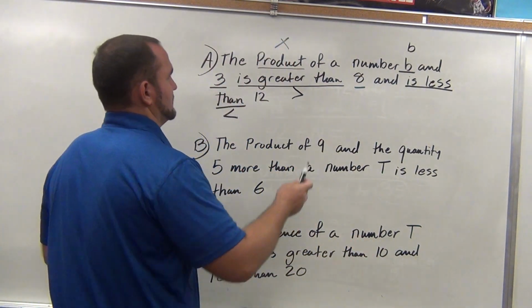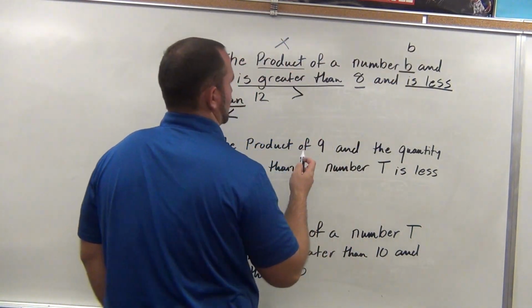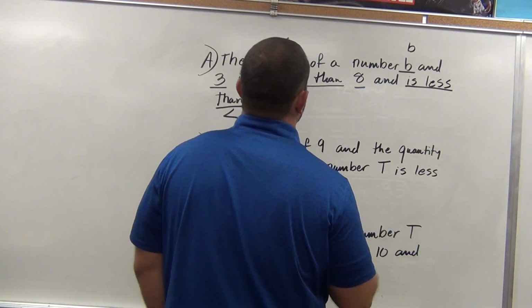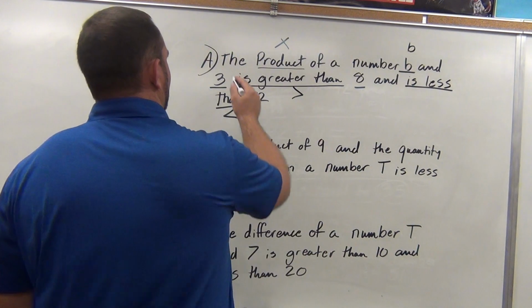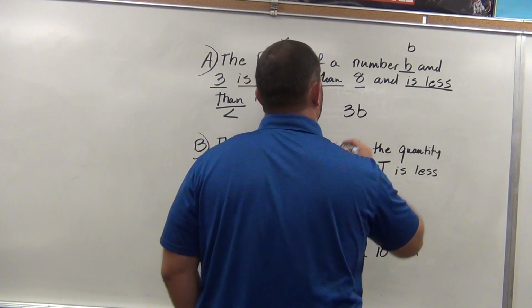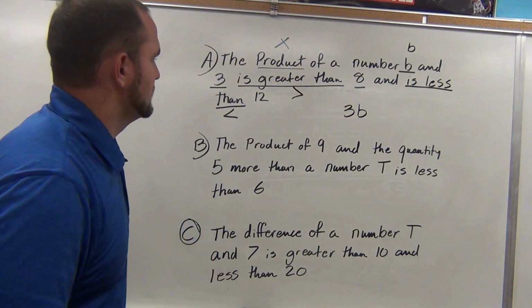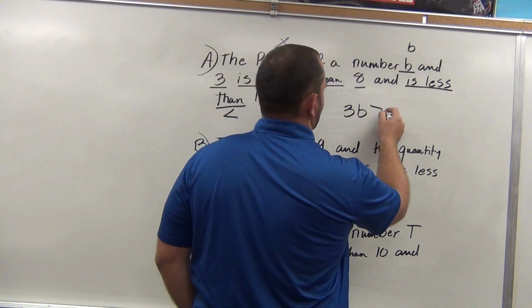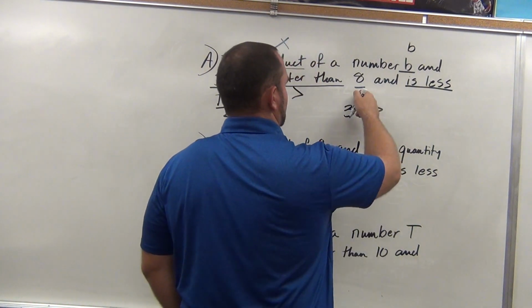I'm going to start with this part up here. So the product of a number B and 3. So I'm going to go 3B. We're going to start there. So this part is greater than 8.